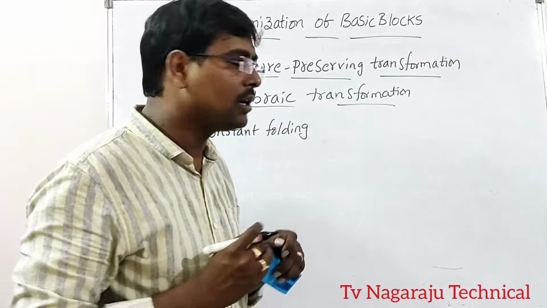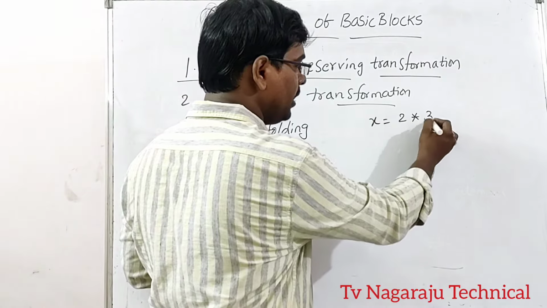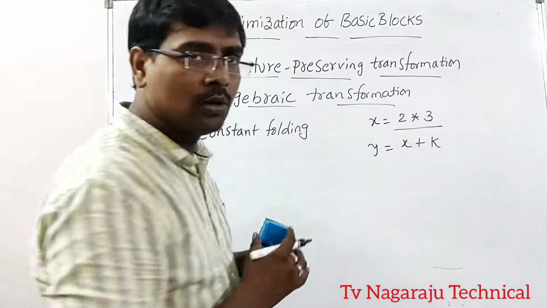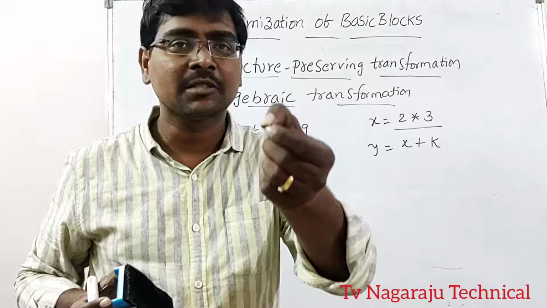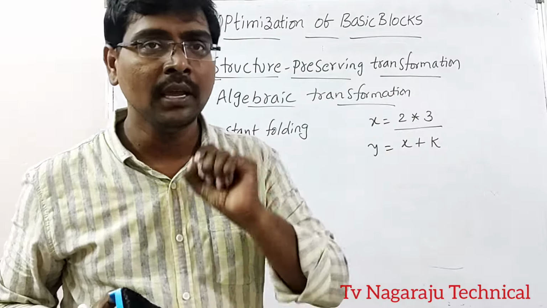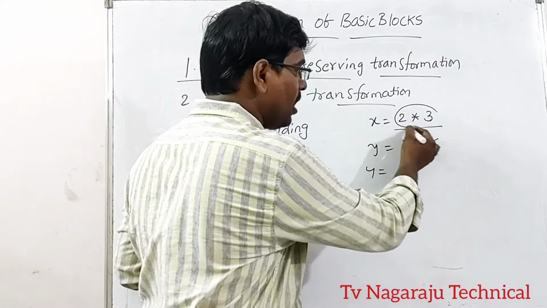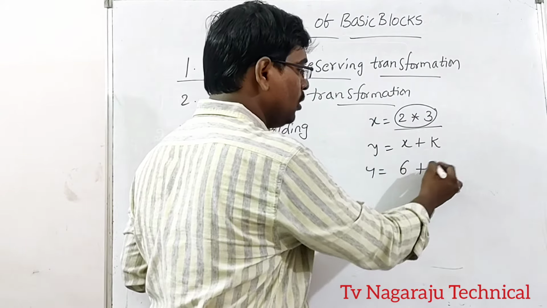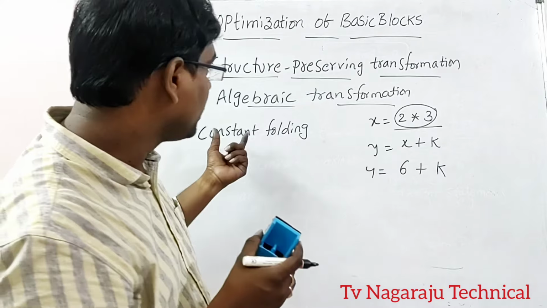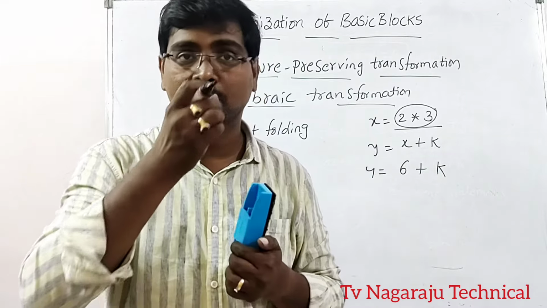What is meant by constant folding? I have an expression x is equal to 2 into 3, y is equal to x plus k. Whenever you have an expression, simply calculate the expression. Directly we evaluate this expression into a value and then use the constant value.